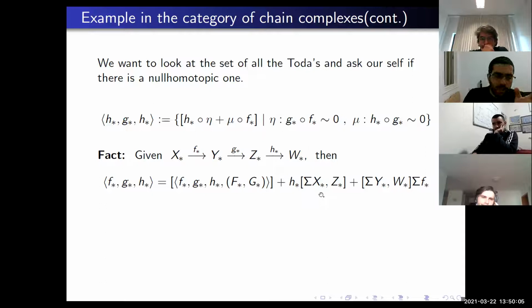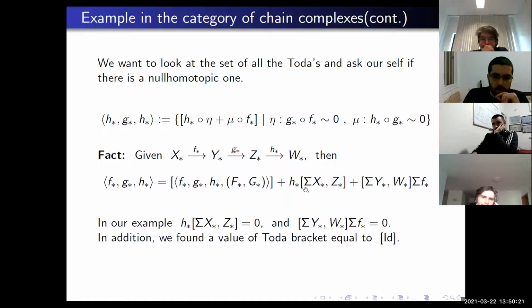In general, in topological spaces, for example, it's a double coset. But here it's a coset, and it's easy to calculate these things. I calculate this, and this is 0 in our example, okay? So this is 0. Here, maybe I have to put the homotopy class of H, not H itself.